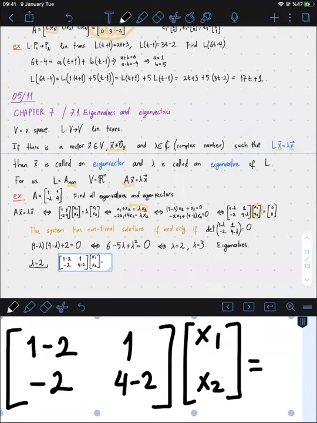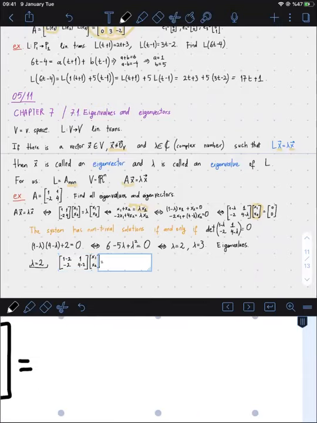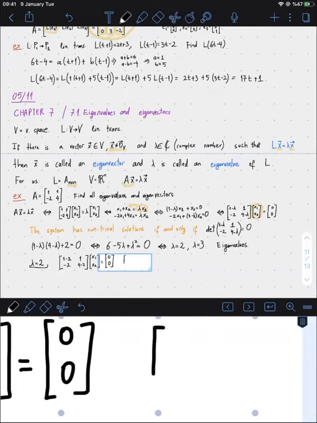And this will give me the 0, 0 solution. So from here, we can find the solution. How do we find the solution? Let's write it this way: minus 1, 1, and 0 here, and here minus 2, 2, and 0.